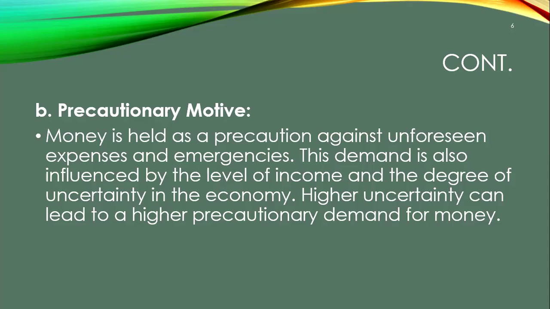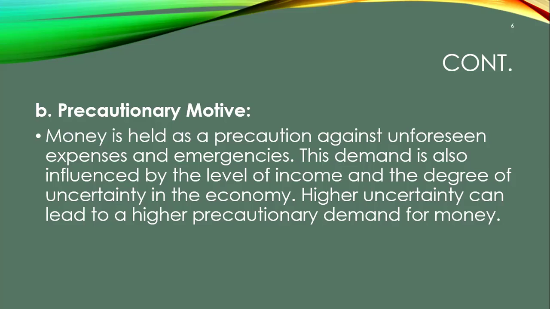So families save a certain amount of money for home emergencies. If a child falls sick, they take a portion of that money and they treat the child. So that is precautionary. Take a measure. If anything happens, there is money available to cater for it. That is what we're terming as the precautionary.